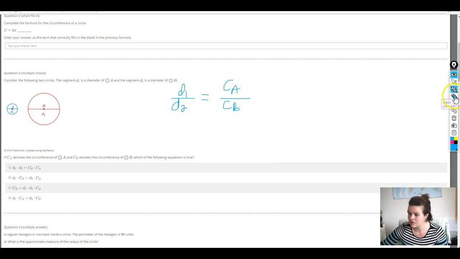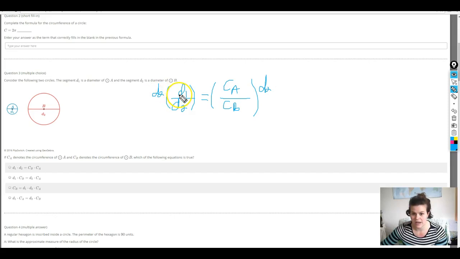We're going to treat them just like we would a number. So to move diameter 2 out of the denominator, I'm going to use the multiplication property of equality and multiply by D2.